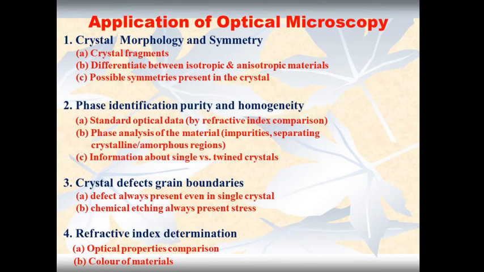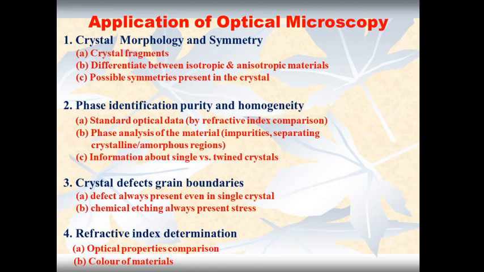The applications of optical microscopy are in different fields: crystal morphology and symmetry determination, the difference between isotropic and anisotropic materials, possible symmetry present in the crystal, and phase identification, purity and homogeneity of the material.